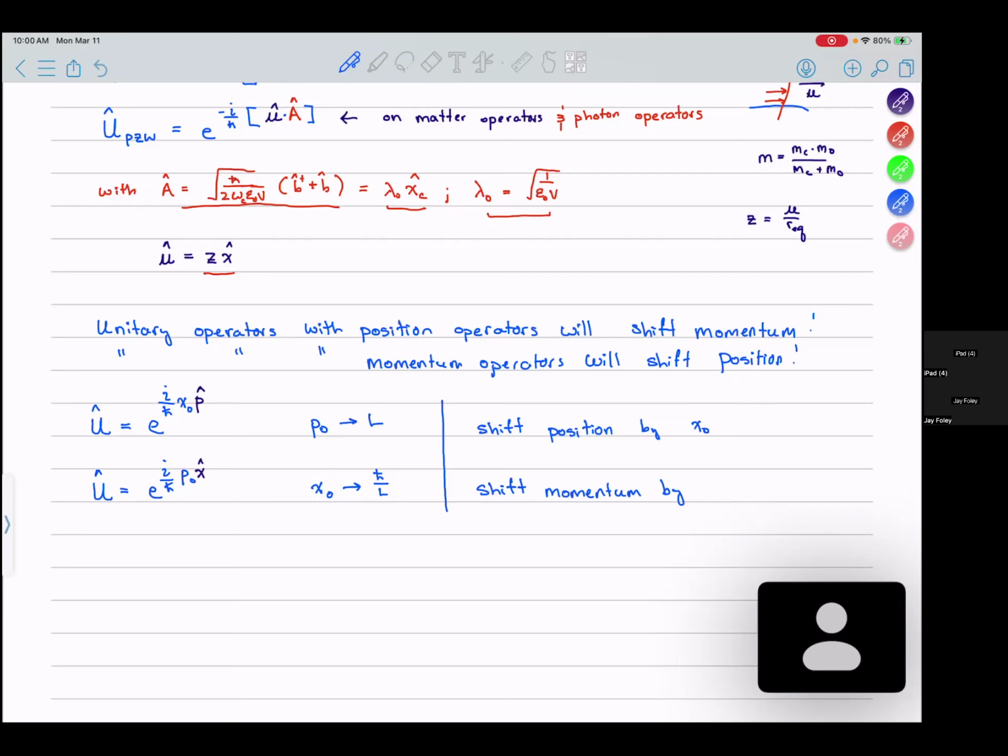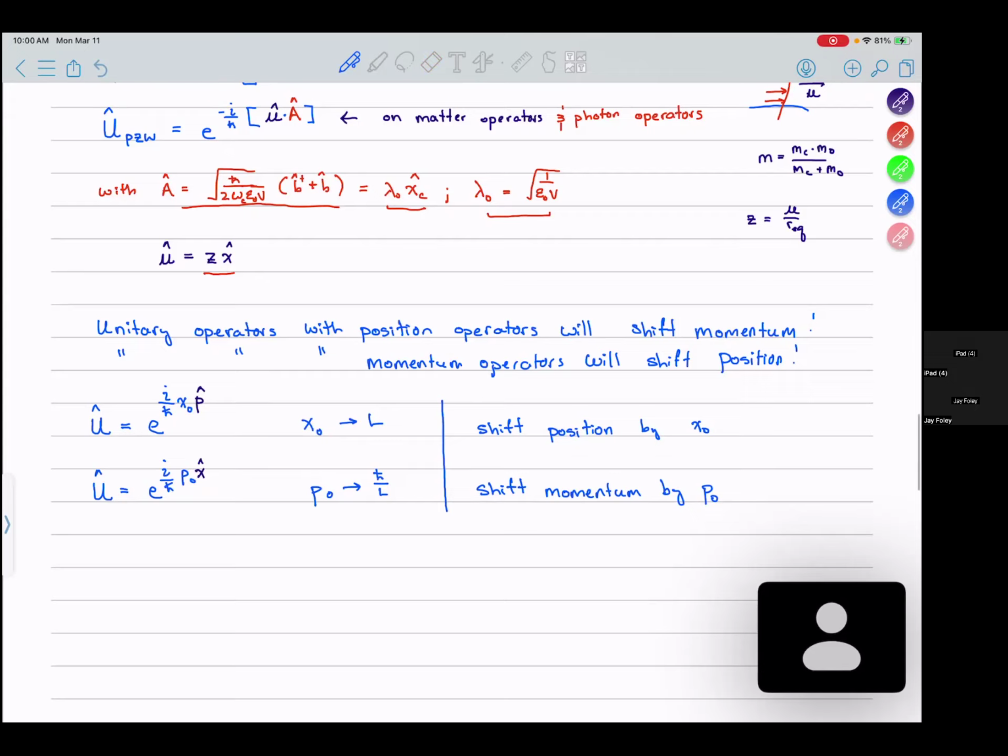And here I'm going to apply a momentum shift to shift by p naught. Okay. But the real thing that I wanted, and here I got to keep fixing my labels. Okay, great. Now my labels are all fixed. I think that all makes sense.